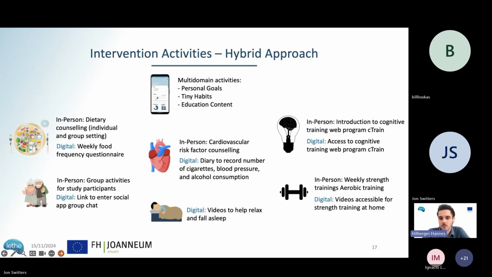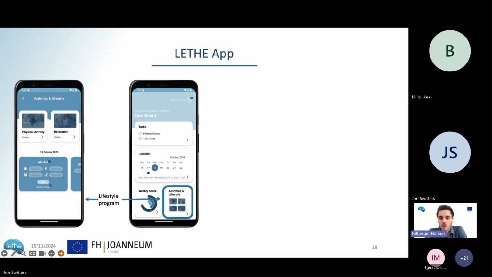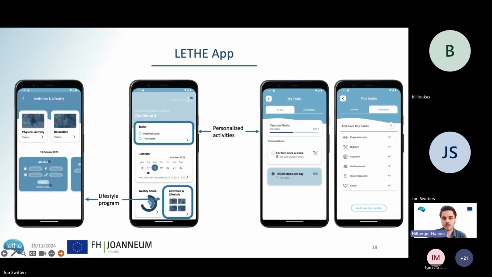and educational resources. And if you take a closer look at the app, on the next slide, we see the Lethe Lifestyle Program, which incorporates all the activities which I've showed you on the previous slide. And on the other hand, we have the personalized activities. So these are individual for each participant.